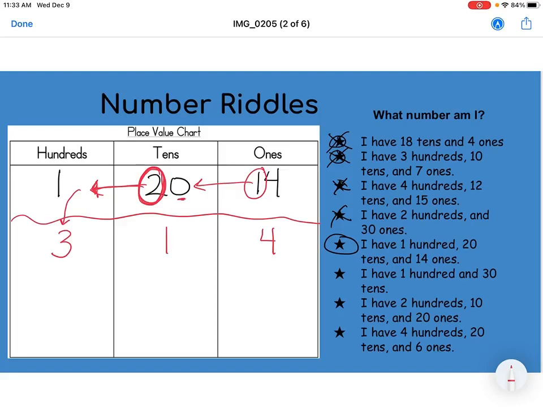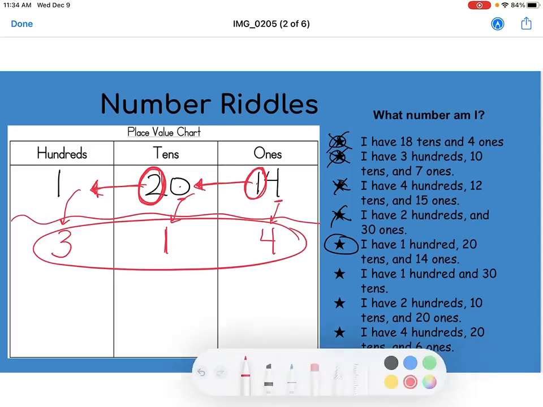That left me with a 0 in the tens place, but instead of going ahead and putting that down, I saw I had a 10 that I needed to move over. So when I add 0 tens plus 1 ten, that's what got me the 10 to leave in my tens column, and then all I had left was a 4 to move on down. So our total answer to this riddle is 314.